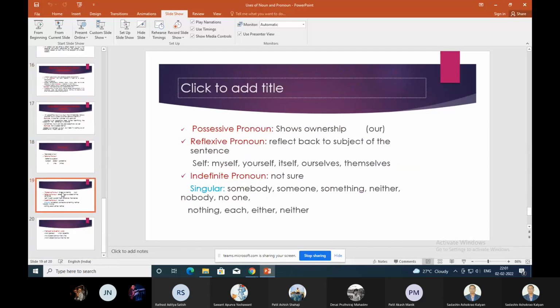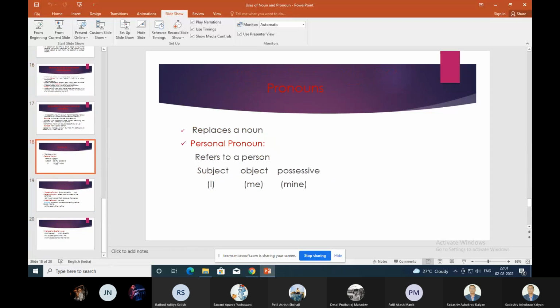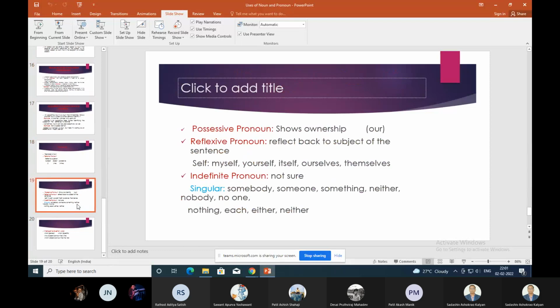Then we studied what is meant by pronoun. A pronoun is a word which is used instead of a noun. Then we studied the various types of pronouns: personal pronoun, possessive pronoun, reflexive pronoun, indefinite pronoun.